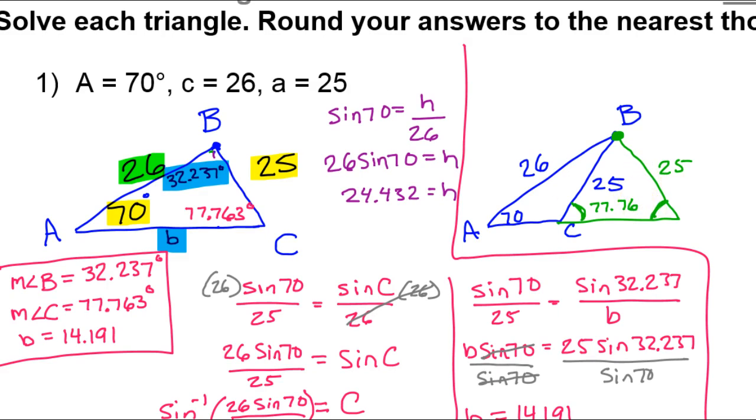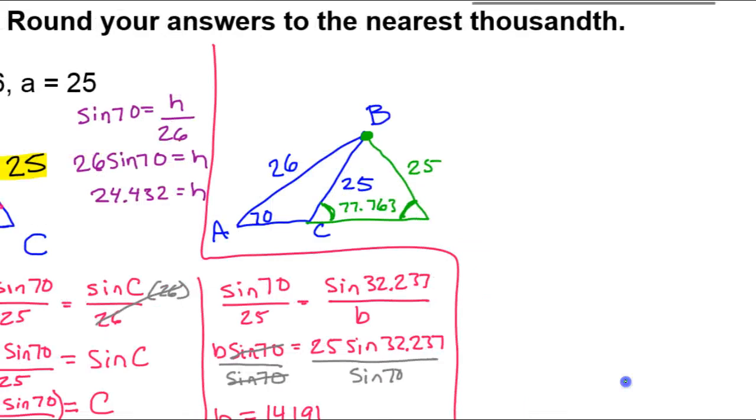Okay, so the question is, how can I use that information to find this obtuse angle? Well, that's easy. Together we have a straight angle happening right here. Can you see it? If you have a straight angle, understand that this is going to be 180 degrees.